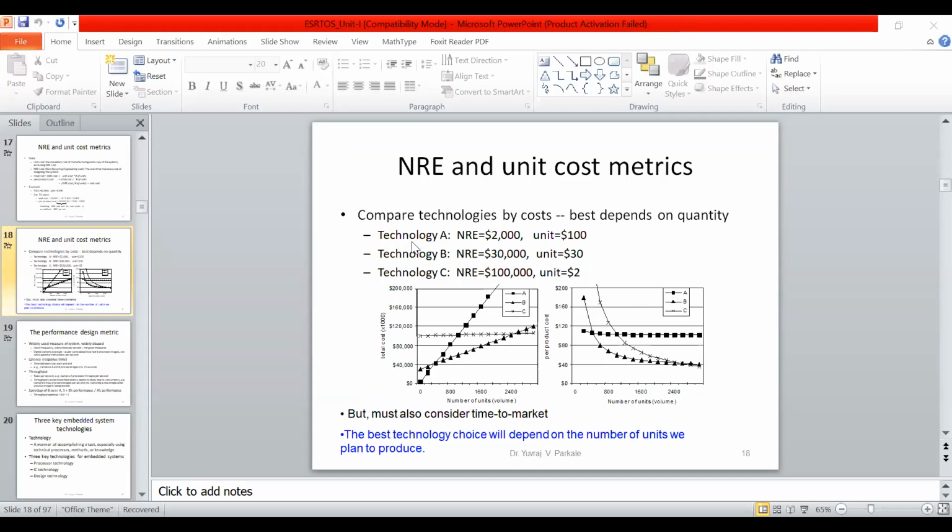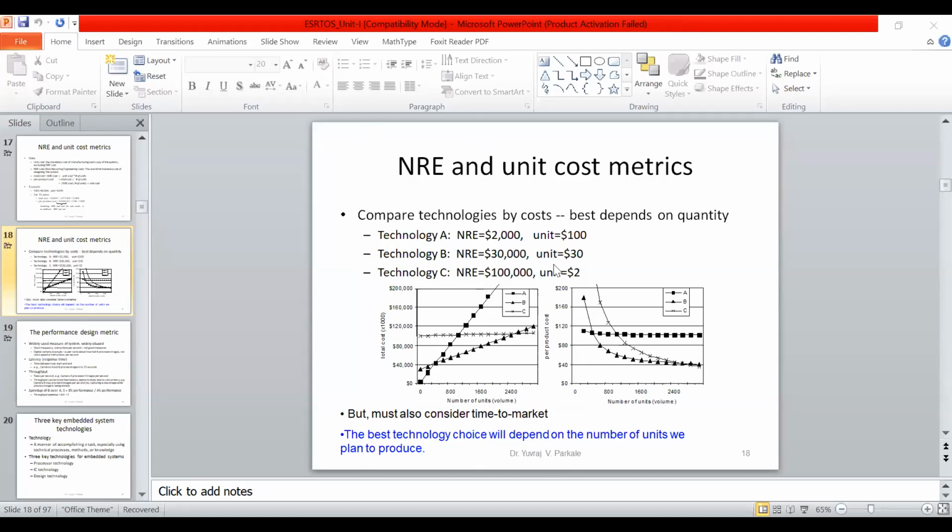I cannot say that technology A is good or B is good or C is good. The selection of the technology directly depends on the number of units we plan to produce. Accordingly, you can select technology A, B or C. That is the answer.